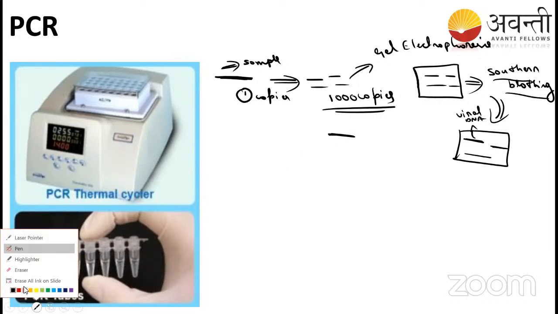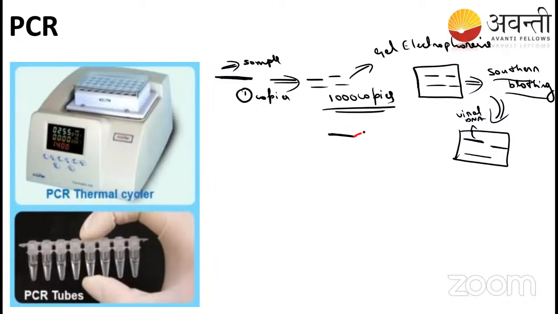We have radio labeled this. So this DNA is complementary to this viral DNA, and this is what we call the probe, complementary DNA. Now this DNA is going to be added to this solution.